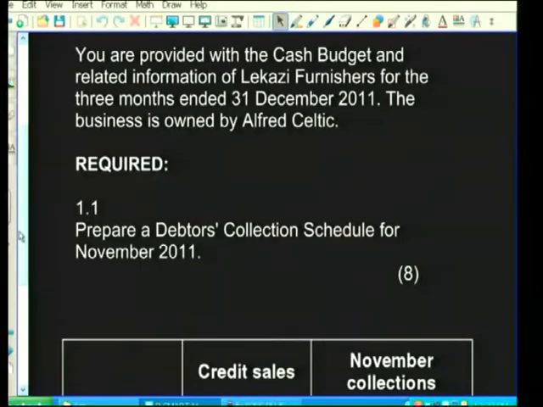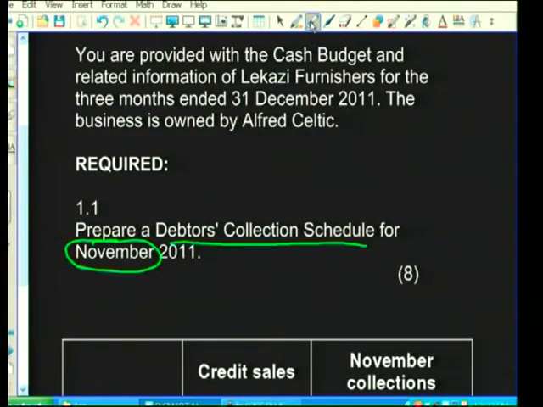Okay, right, guys, we've gone through the information. We have an understanding of what the information is all about, or what has been given to us. Let's now move on with the questions. Let's now go to the actual questions. We are required to prepare a debtors collection schedule for the month of November.